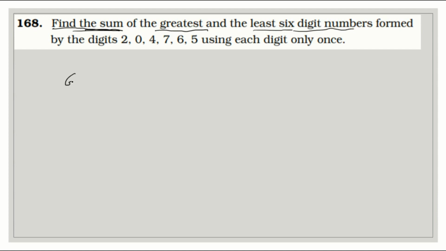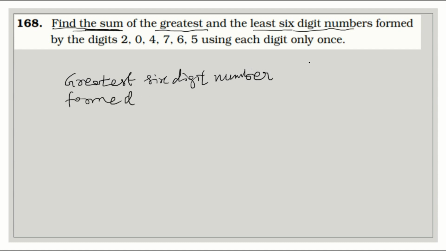See children, the greatest 6-digit number is found by the digits 2, 0, 4, 7, 6, 5, using each digit only once.